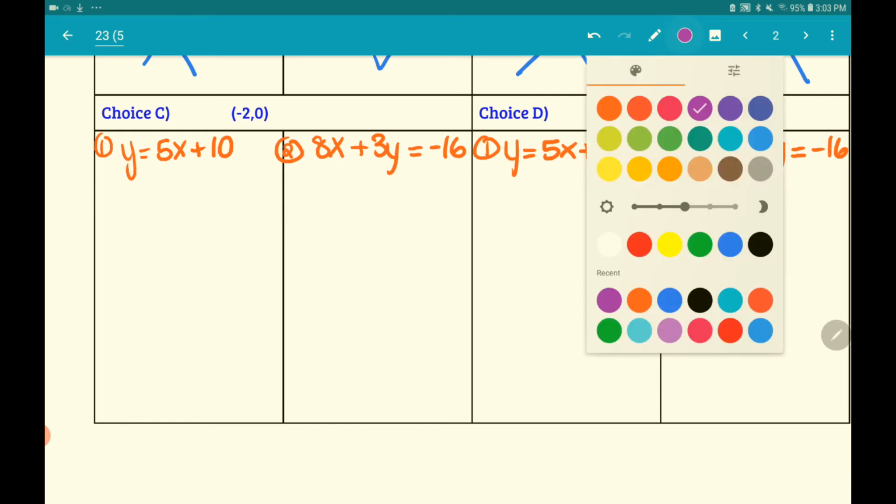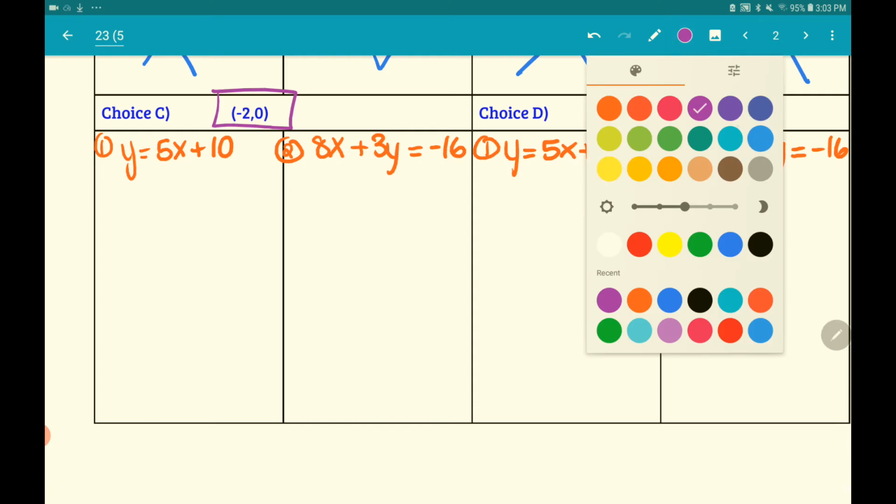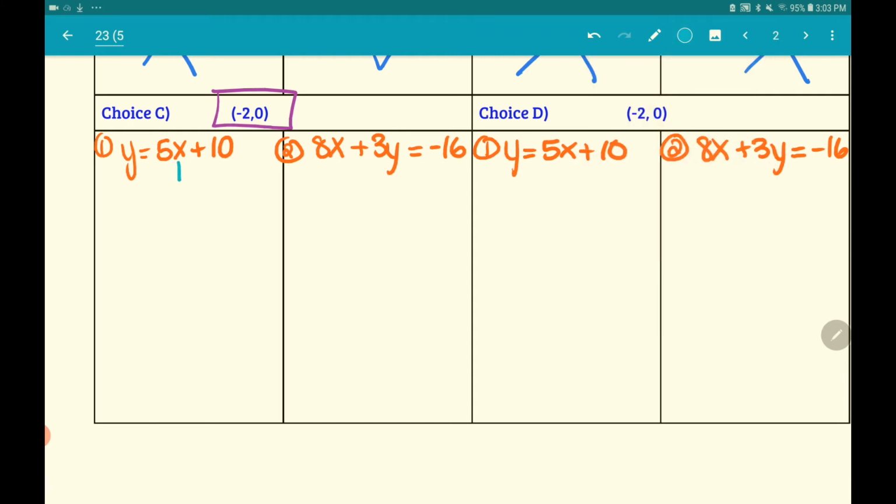What is my, for choice C, what number is my x value? All right, my number is -2, because that is the first number in the coordinate. So then what's 0? What does this represent?